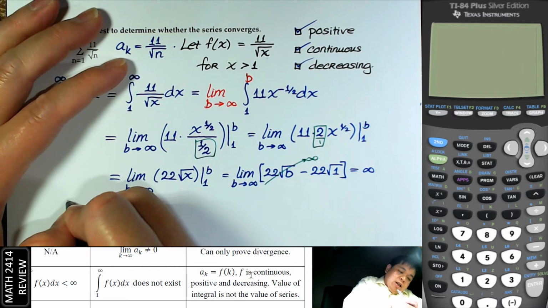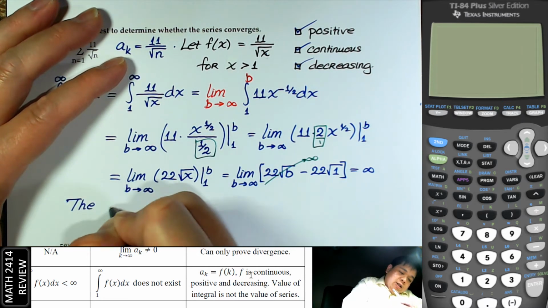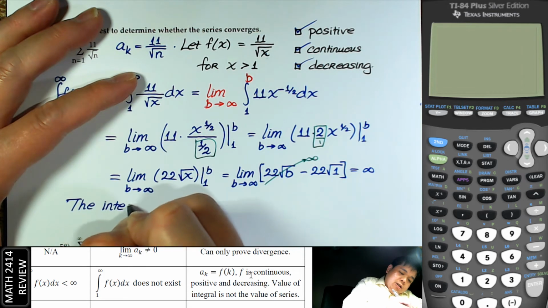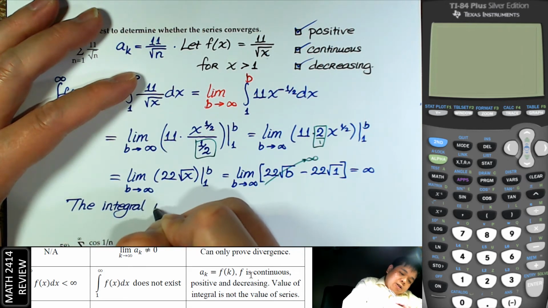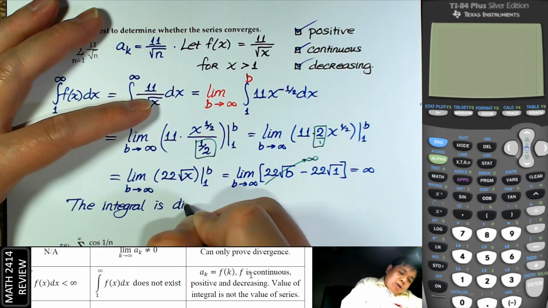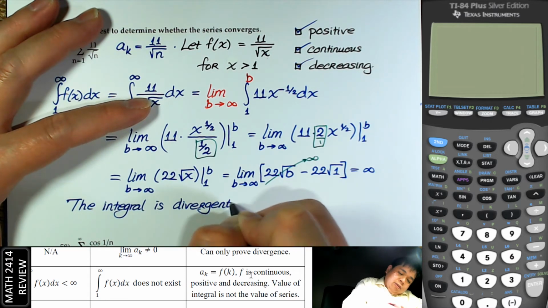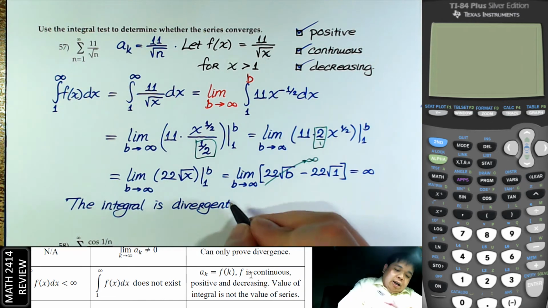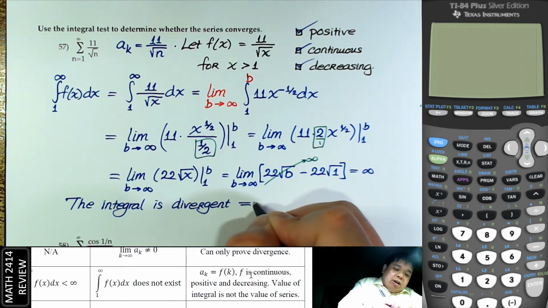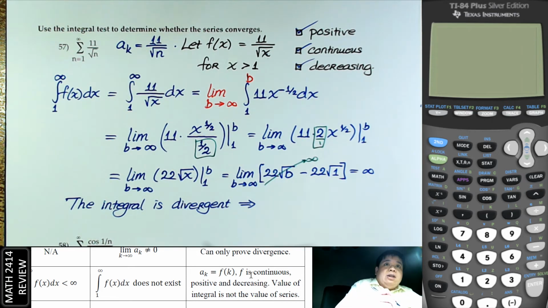So we say the integral is divergent. And if the integral is divergent, the series is divergent as well.